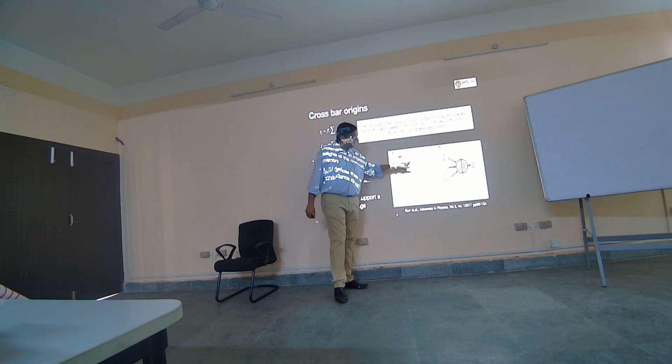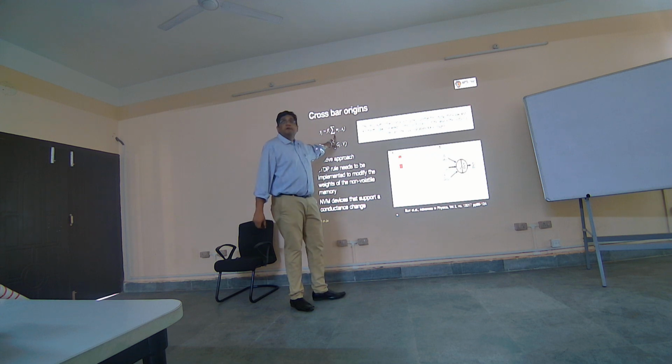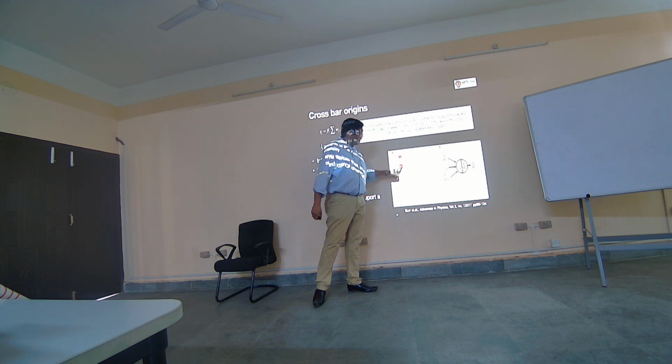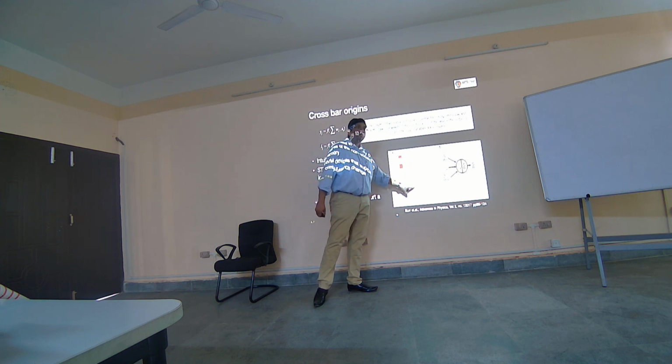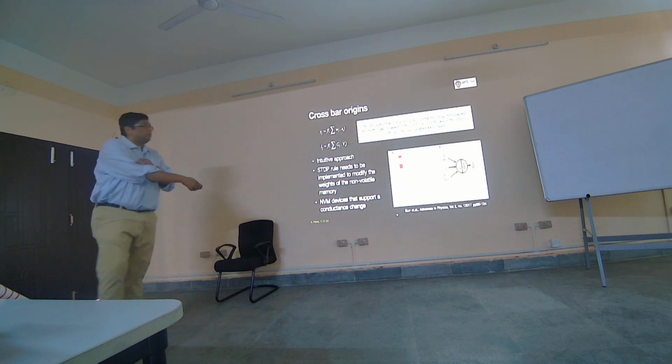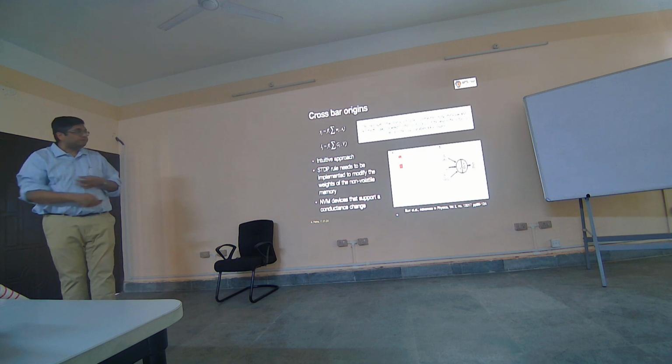The column currents are essentially the summation of the individual products, because the current through this branch is going to be V times G. Similarly, V times G. And all of them are flowing through the same node. So the current flowing through the column is essentially a summation of GV, or the sum of the linear products.